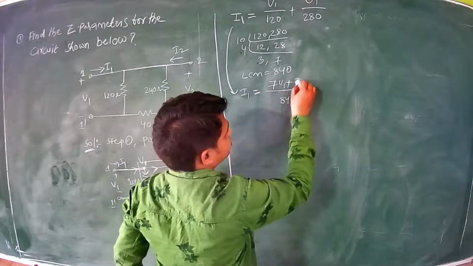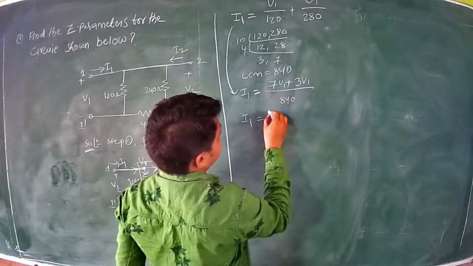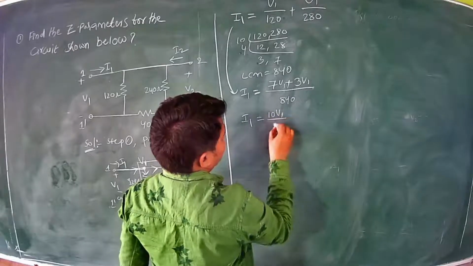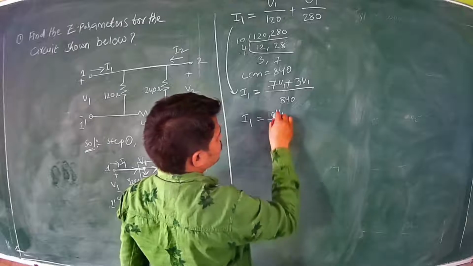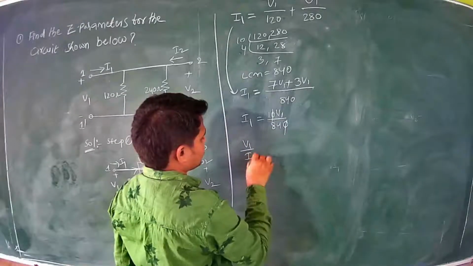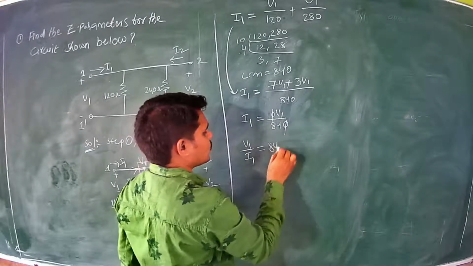So 3 V1. Therefore I1 is equal to 7 plus 3 is 10 V1 by 840. The zeros cancel. Therefore V1 by I1 gives you 84 ohms.